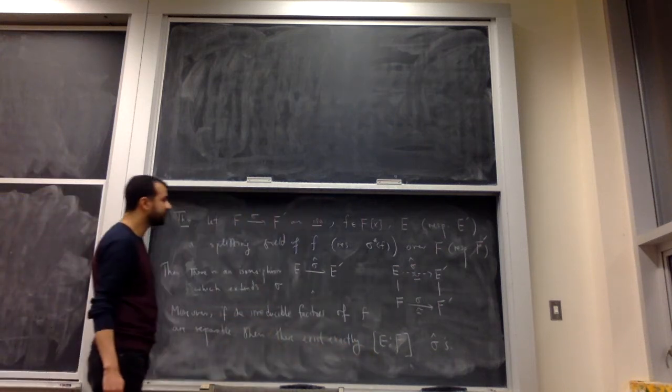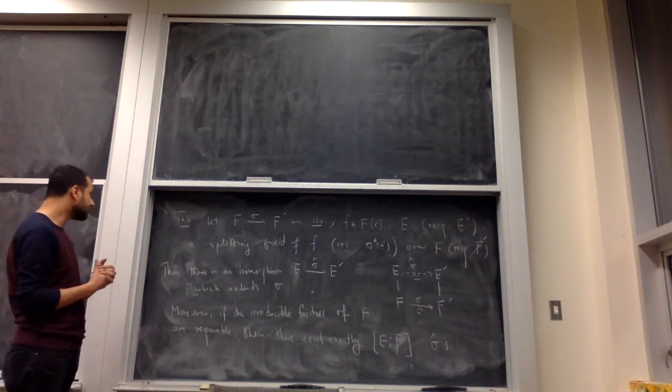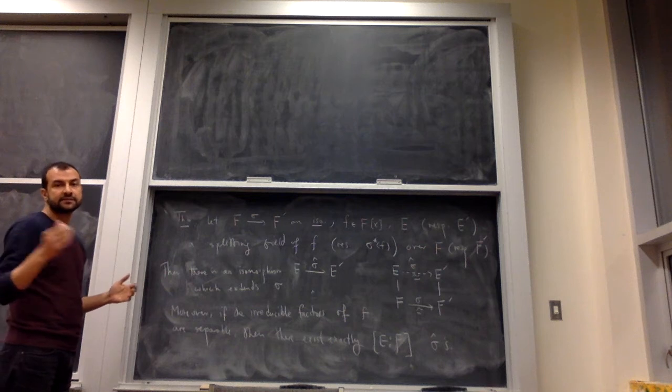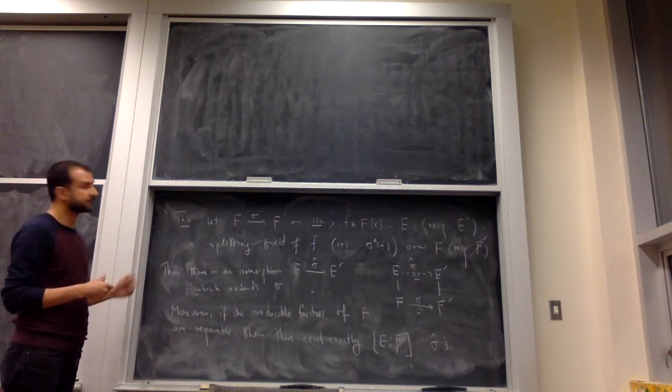But if the irreducible factors of f are separable, then the number of sigma hats will be exactly equal to that. So the goal of this video is to prove some corollaries of this.